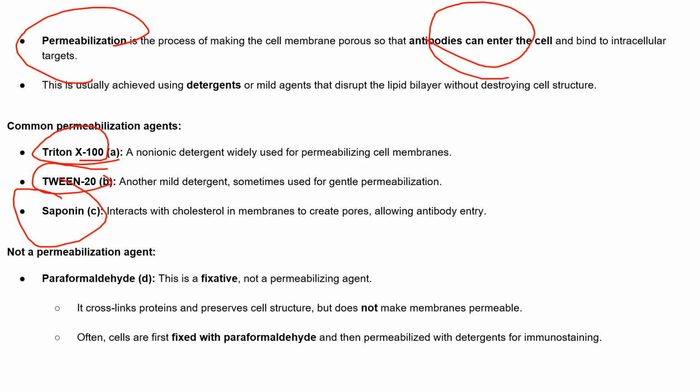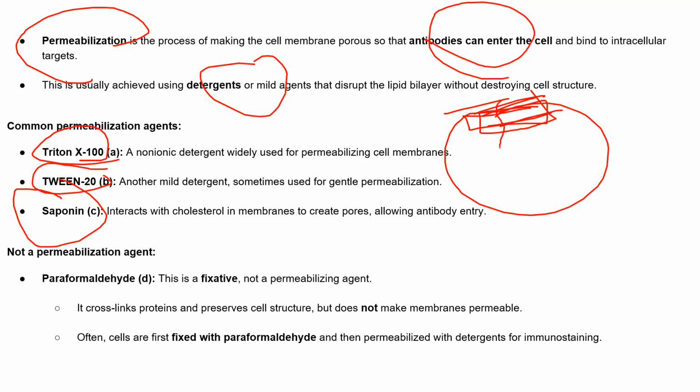What they do is disrupt the lipid bilayer. We know that the plasma membrane is a phospholipid bilayer, right? We read about the sandwich model and all, that there is a phospholipid layer in which proteins are embedded. So these detergents disrupt this lipid layer and make porous-like structures, but they will not destroy the cell structure.